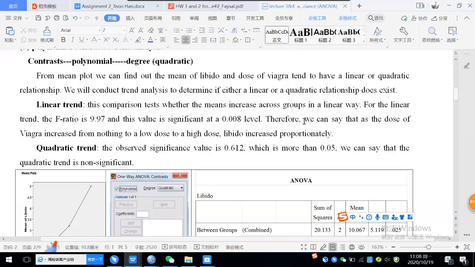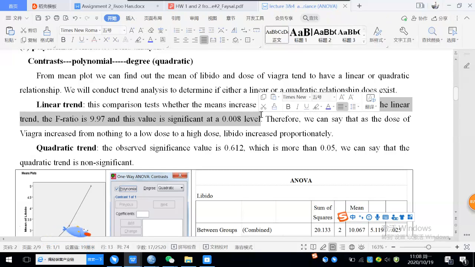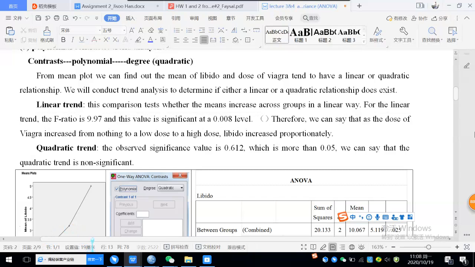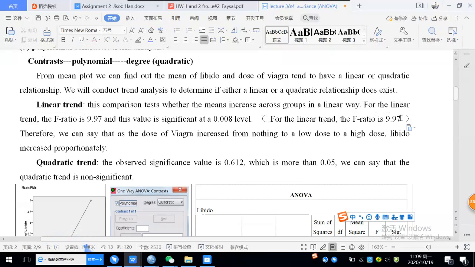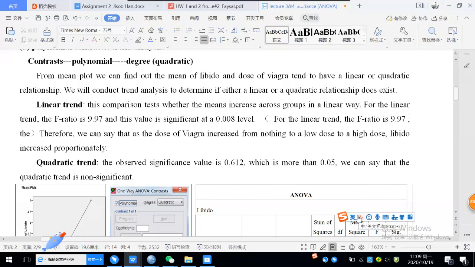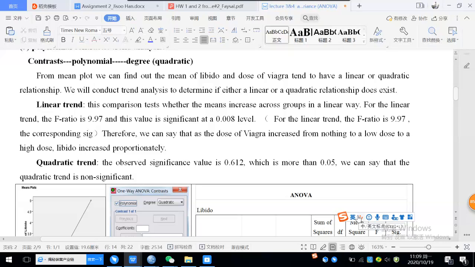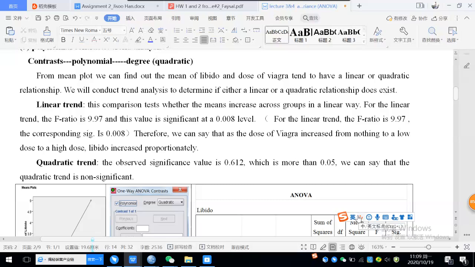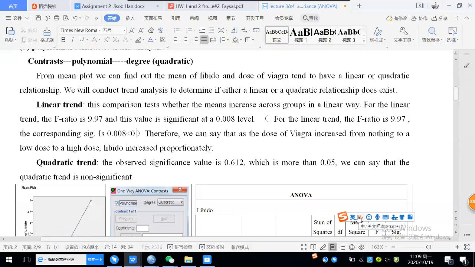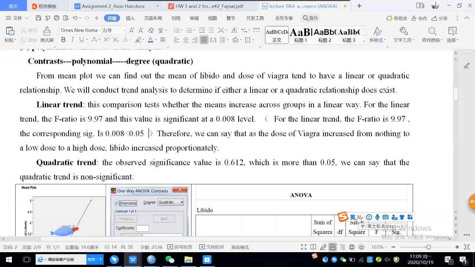Also you can translate this sentence into another way. Understand? You can say that the F ratio is 9.997, the corresponding significance, or p-value, is 0.008, which is less than the 0.05 level.